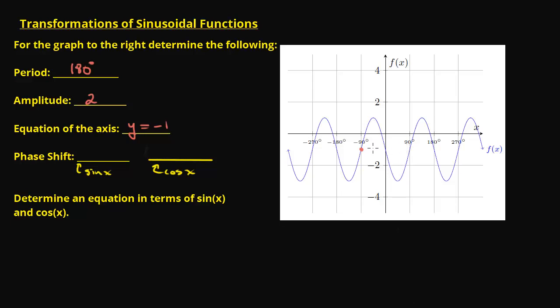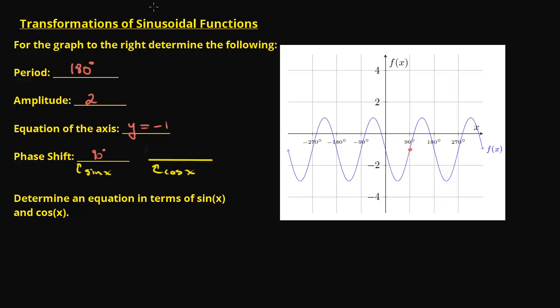So this could be considered a phase shift to the left 90 degrees. Alternatively, if you find another point, notice that this point here is a phase shift to the right 90 degrees. So we could use either a phase shift to the left by 90 degrees or a phase shift to the right by 90 degrees. We'll say 90 degrees to the right, just because that's straightforward.